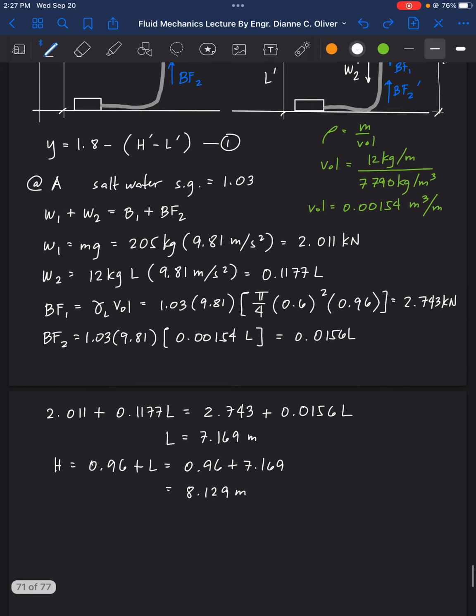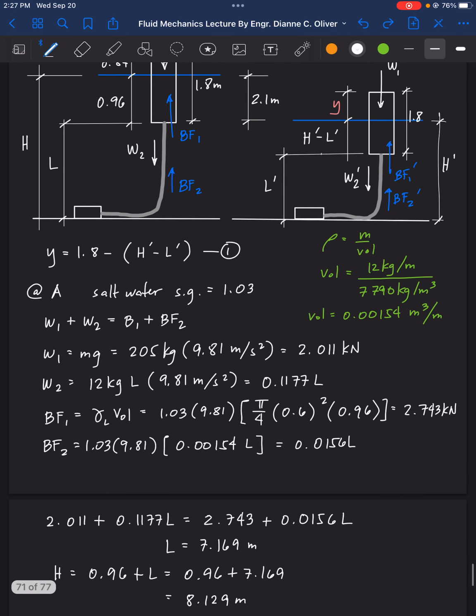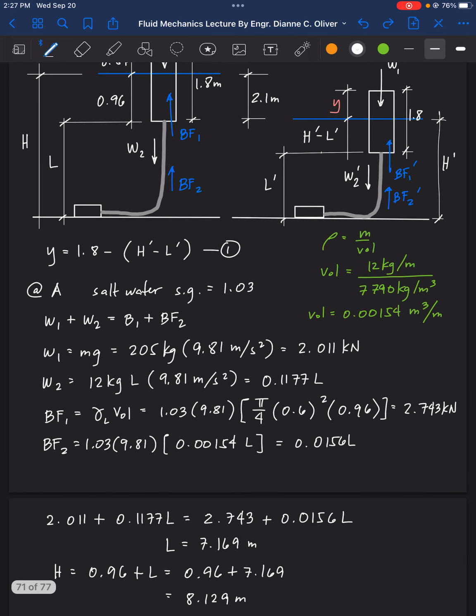So having had the value of H, can we get now the value of H prime? Okay, for H prime, look at this. This is H prime. So H prime is equal to H minus 2.1 in order to get the value for H prime.